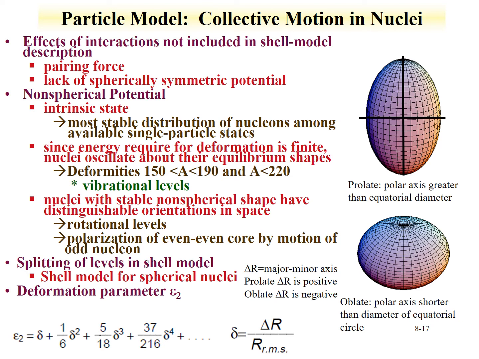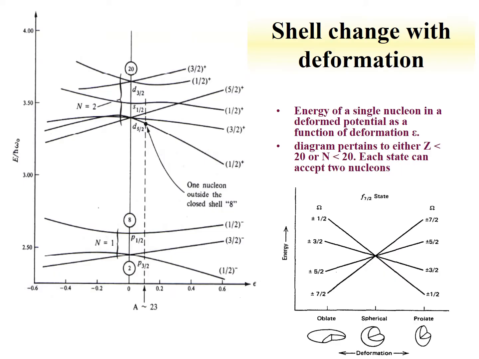So there's a way of evaluating the deformation parameter in terms of the nuclear shapes. This changes the shell model to something that's shown here. This is called a Nilsson diagram. You can think of it as an expansion of the shell model, where at zero deformation, at that point, we have what we see in the shell model.